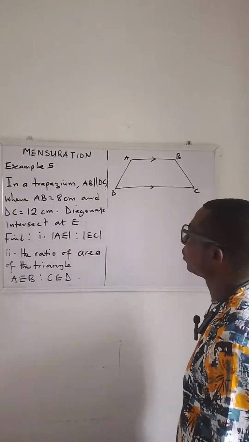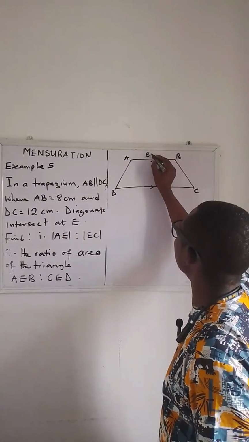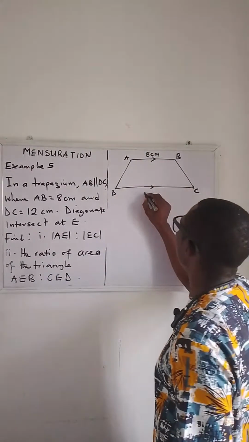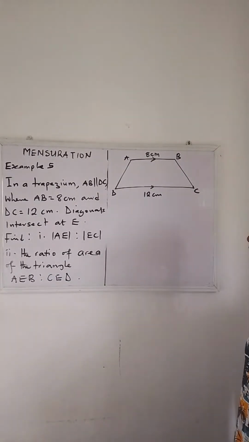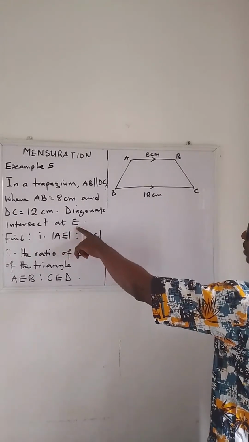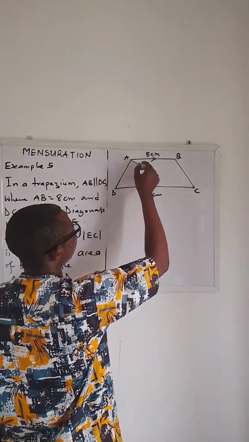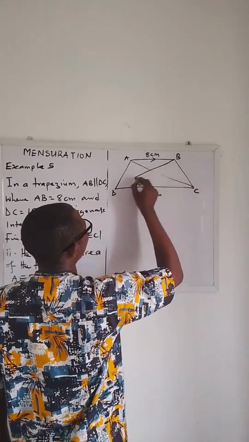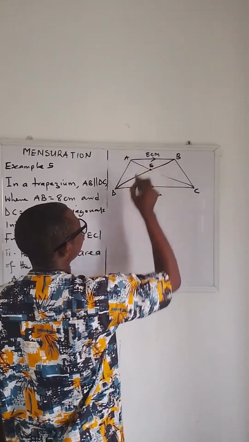And we are told that AB is 8 centimeter, while DC is 12 centimeter. Now we have two diagonals that intersect at E. So let's see. Now a diagonal goes like this, another one this way. So this is the point E.